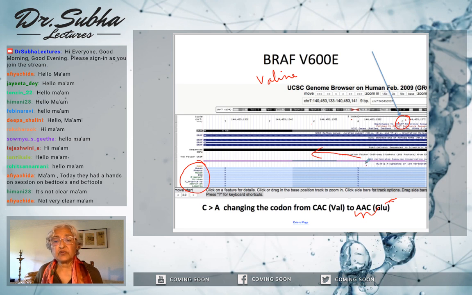You can see that across the board, even in zebrafish and other species, this is a valine in that gene. Obviously, if valine is so conserved across all species, it has to be deleterious when you change it to glutamic acid. So this is one of the ways you predict the impact of a particular mutation.